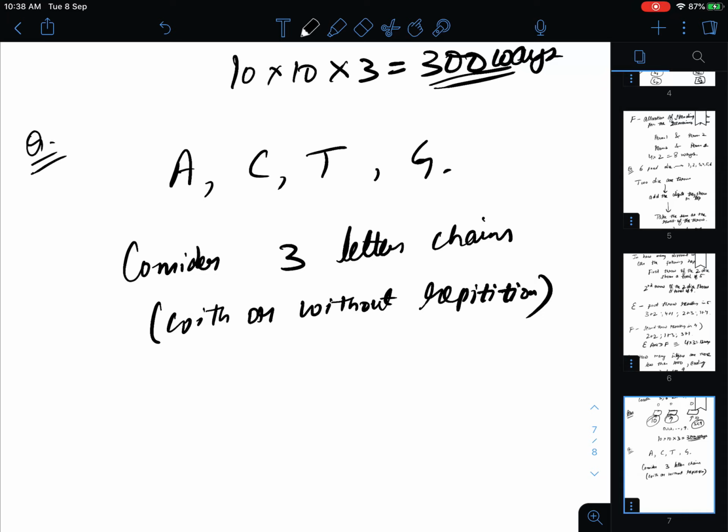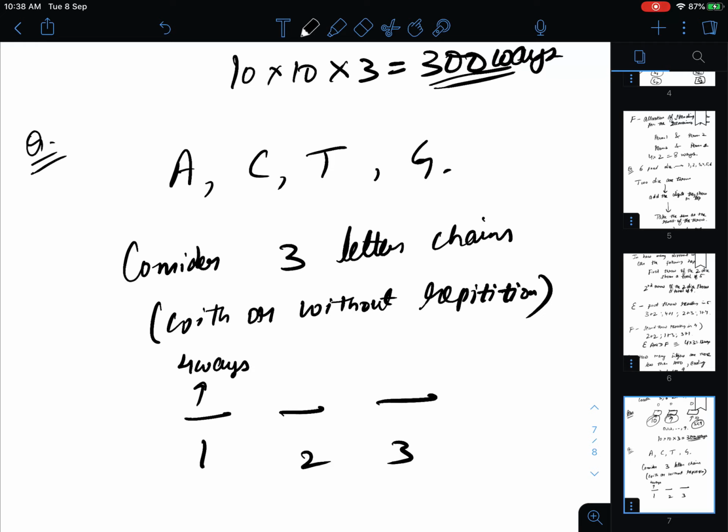Now the argument is the same as in the previous example and is standard for all such situations. We imagine 3 blank spaces. Okay, 1, 2 and 3. Okay, it is left to us to fill the spaces with the symbols A, C, T and G. Now space 1 can be filled up by any one of the 4 letters, and so there are 4 ways.